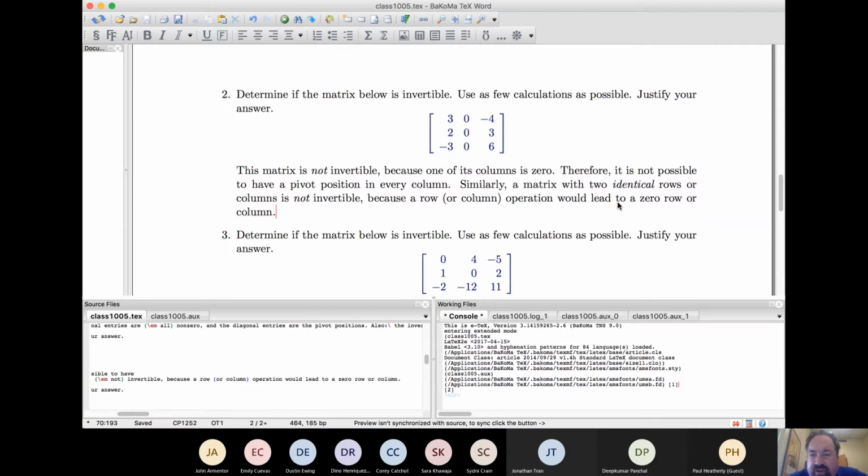So really, this situation is essentially the same. You're just one row operation away from this, or column operation away from this. All right. So look for that row or column of all zeros. That's a quick deal breaker.